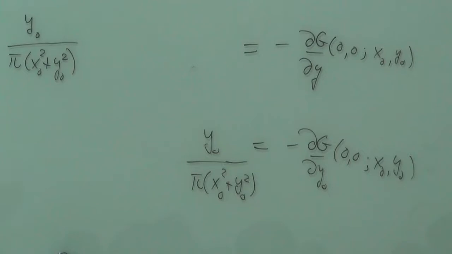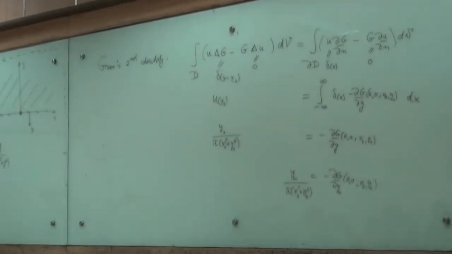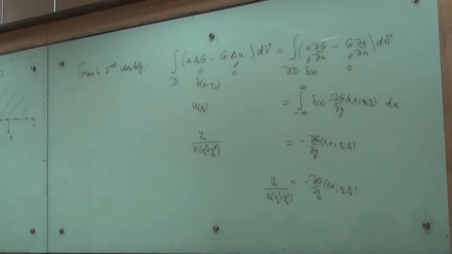So I can integrate this, and then I will find my G, which will be 1 over 2 pi logarithm of x0 squared plus y0 squared. You agree?